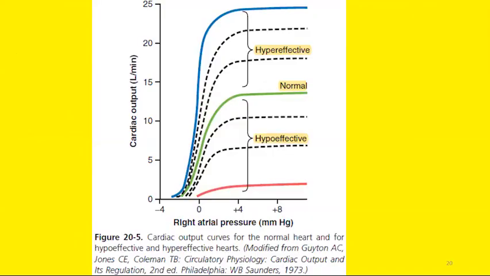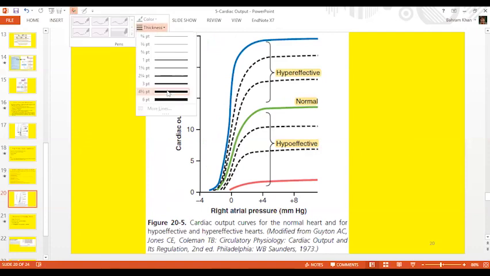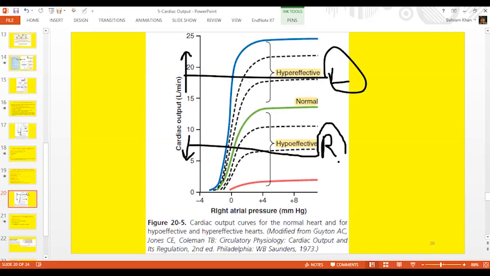So again, hypereffective heart means abnormal increase in pumping ability, so the curve is shifted to the left side. Hypoeffective heart means decrease in cardiac output. So you can see in hypereffective heart, the cardiac output is increased and the curve is shifted to the left side. In hypoeffective heart, the cardiac output is decreased and the curve is shifted to the right side.